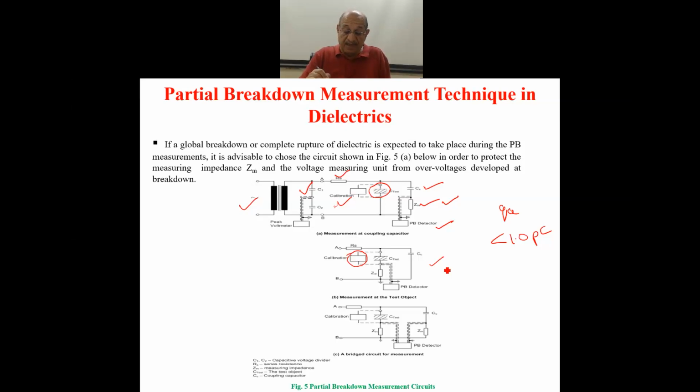And in the third, you are measuring from both sides, from the low voltage electrode of the test object as well as the low voltage electrode of the coupling capacitor. You are measuring with a circuitry which utilizes both of them.